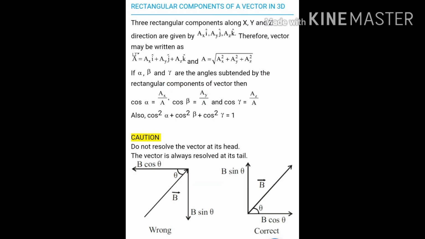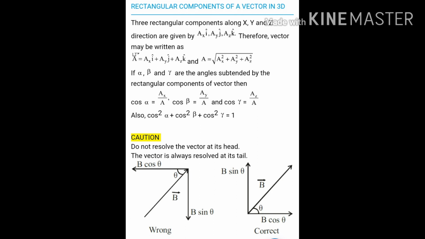So there are three components along x, y and z direction, given by ax i cap, ay j cap, az k cap. Therefore, the vector may be written as ax i cap plus ay j cap plus az k cap, and its magnitude is under root of ax square plus ay square plus az square.